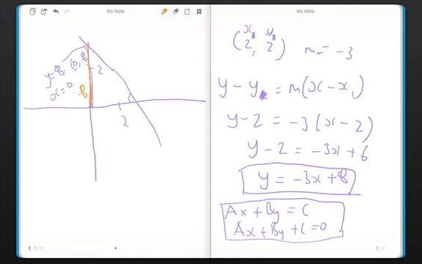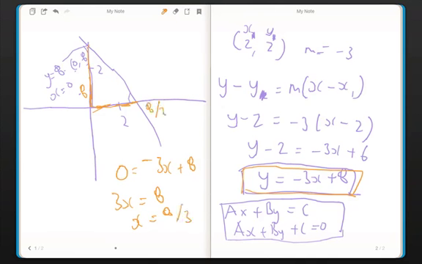And you know where this intercepts the x-axis. We'll find that right now. It's called the x-intercept. To find the x-intercept, take the equation of the line and make y 0, find x. So in this case, 0 is equal to minus 3x plus 8. So we have 3x is equal to 8. X is equal to 8 by 3. So this part is 8 by 3.